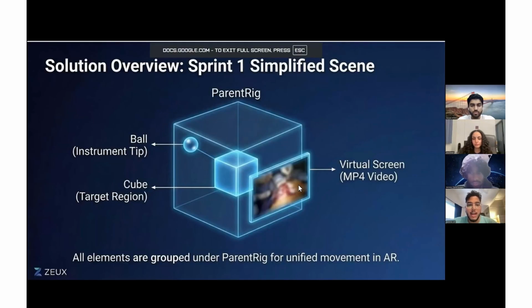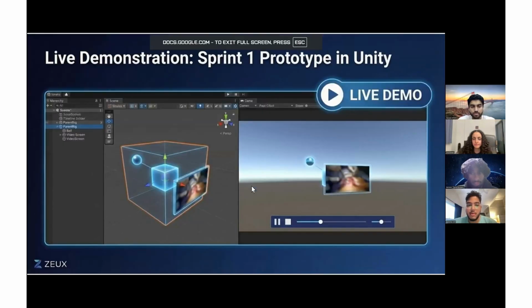Thank you so much, Arvin. In conclusion, this was our Sprint One. To summarize, our main goal was to prove that we could build a working playback loop in AR using simple objects synchronized with a real surgical video, using the video as a master time source.